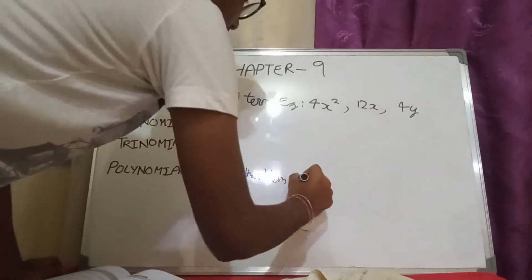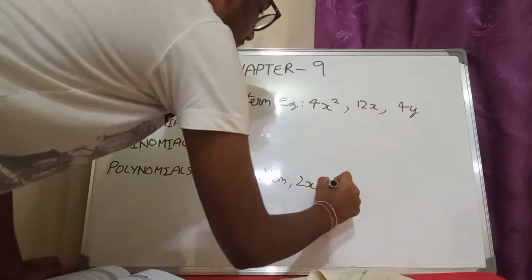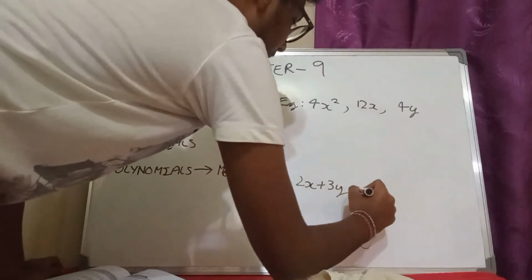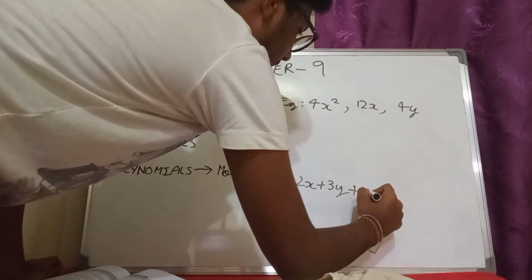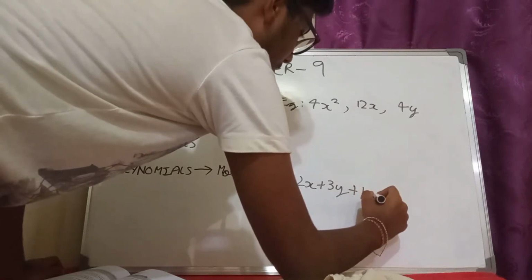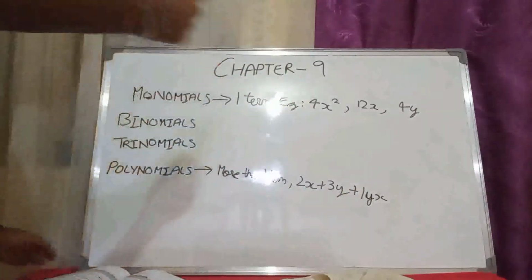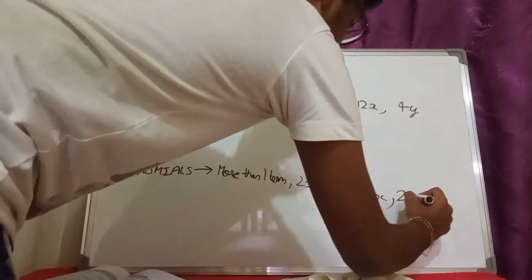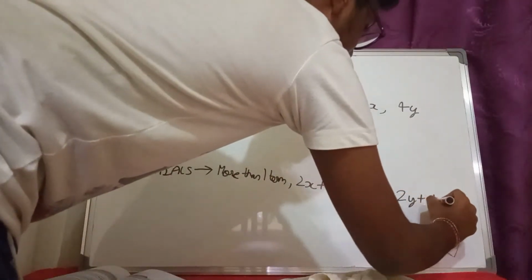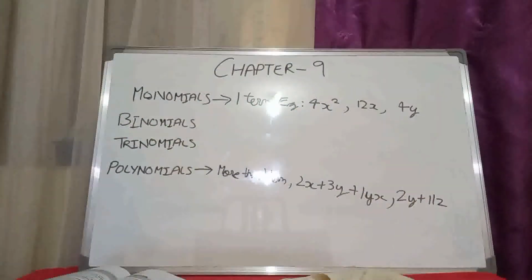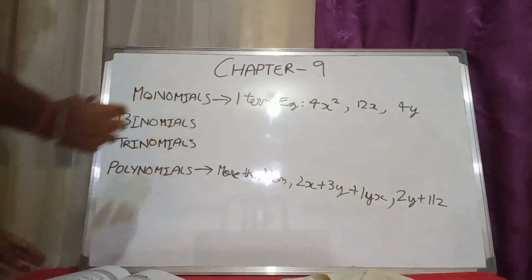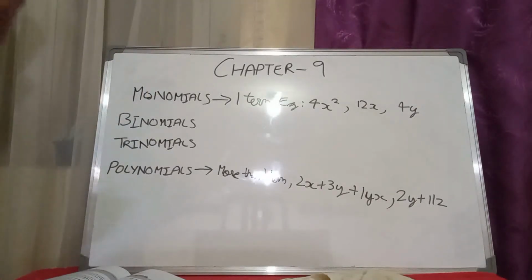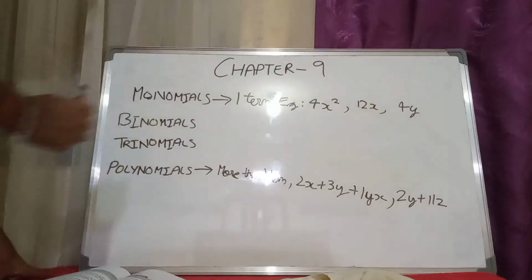For example, 2x plus 3y plus 1yx. This is a type of polynomial. This is 2y plus 11z. Even this is a type of polynomial. So polynomial means an expression which has more than one term, and monomial means the expression which has one term. And what are binomials and trinomials?